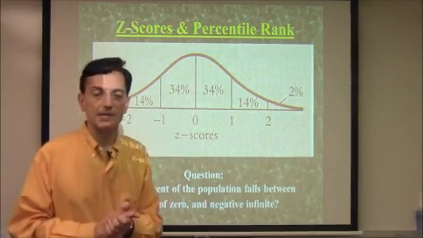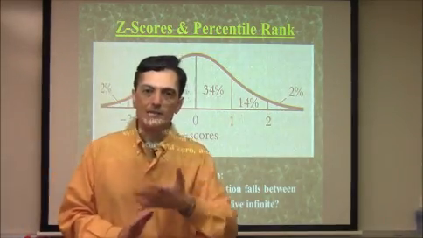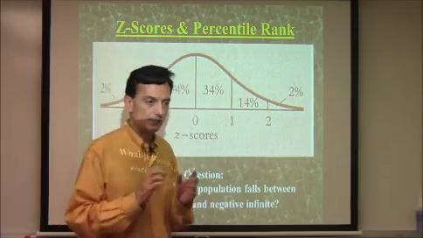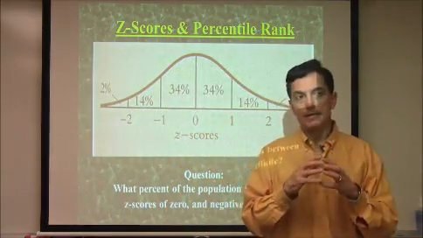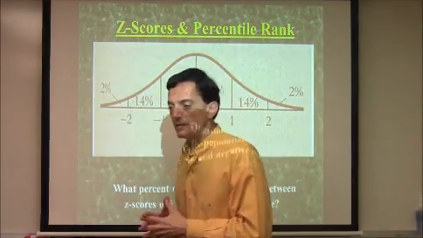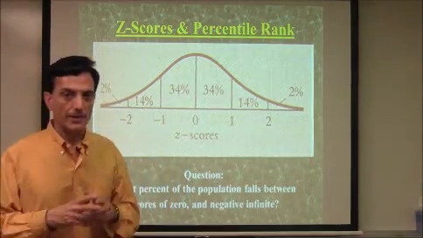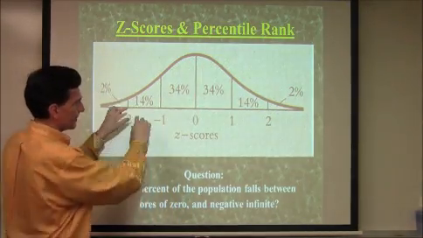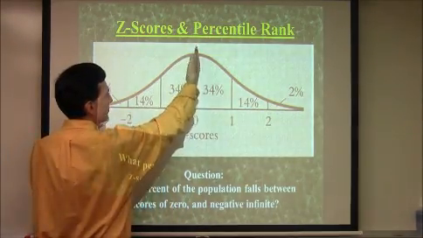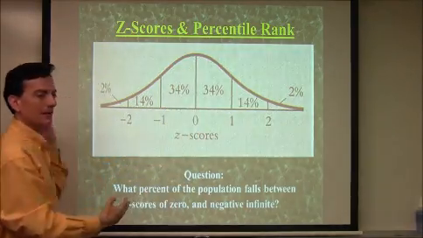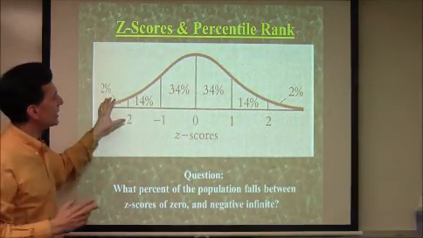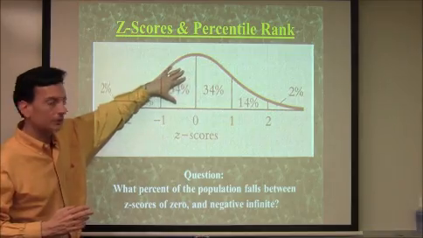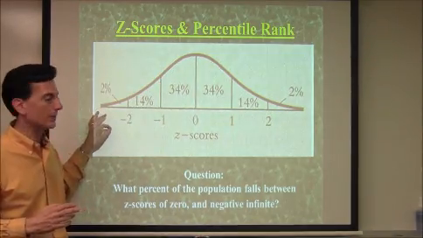Another way of thinking about this is the area under the curve. Some of you are familiar with calculus, and specifically with a topic within calculus that is called integration. If we integrate or add up the total area under the curve between one point specified on the right and some other point specified on the left, we get some notion of just how much of that curve is occupied in that range.